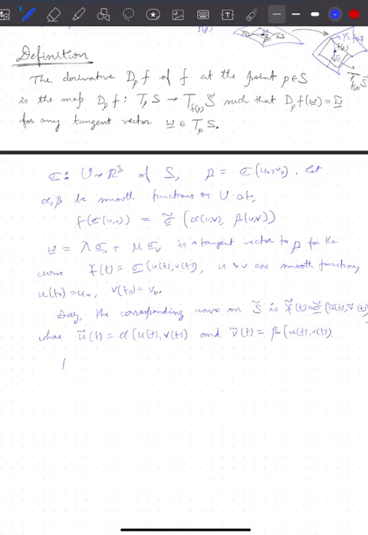So now dp f of w vector is equal to u tilde dot sigma tilde u plus, this is of course quite straightforward.